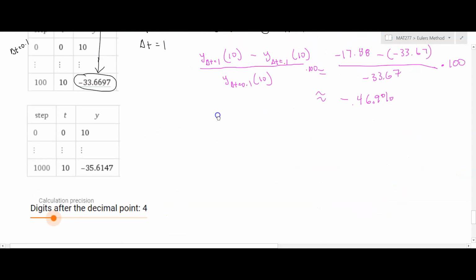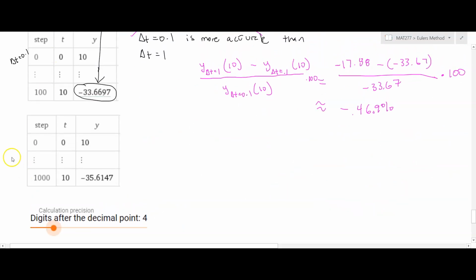Now, if I compare it to this next decrease in step size, which is delta t equals 0.01, and you can see that now it's requiring 10 times more computations because I cut the step size into tenths, and now my estimate is this value here.